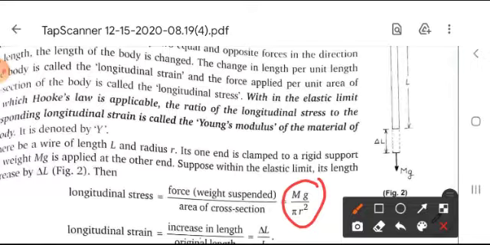Because the wire is actually cylindrical in shape, it has a cross section area in circle form.